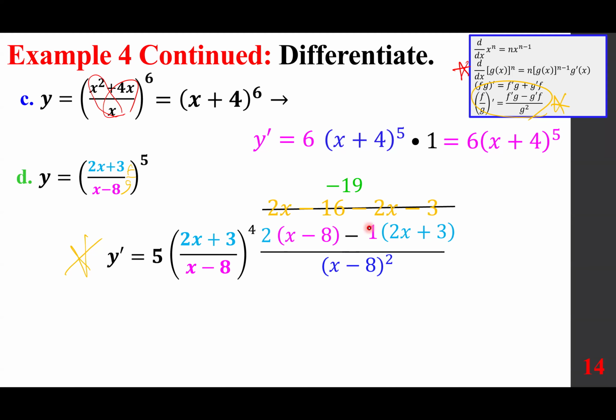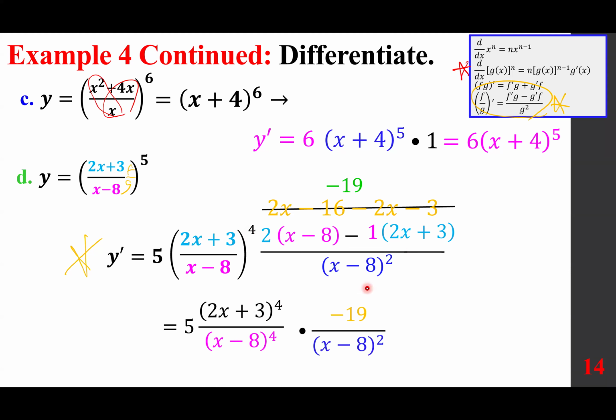Now, if you can see what's happening, you can avoid the next step. If not, it is helpful to notice this means the top and the bottom are both being raised to the power of 4. So I'm going to write this as numerator to the power of 4, denominator to the power of 4, and this one is simply negative 19 over x minus 8 quantity squared. The reason I write it is because I want to make sure that you see the denominator is x minus 8 to the power of 4, and then x minus 8 to the power of 2.